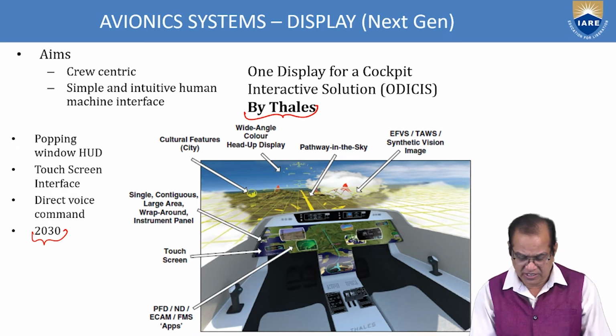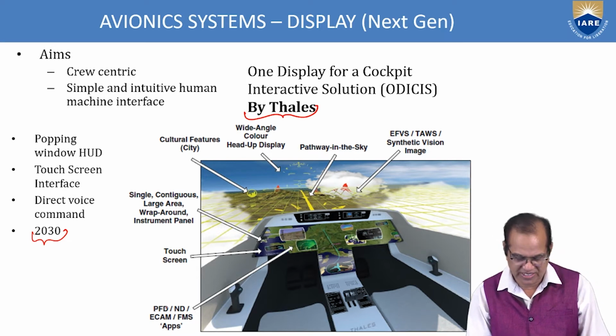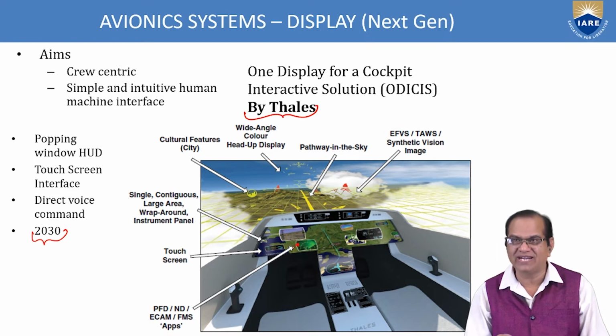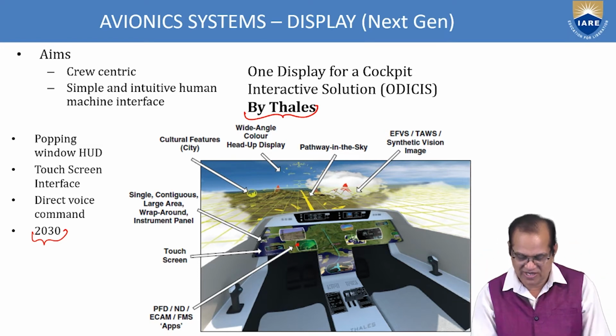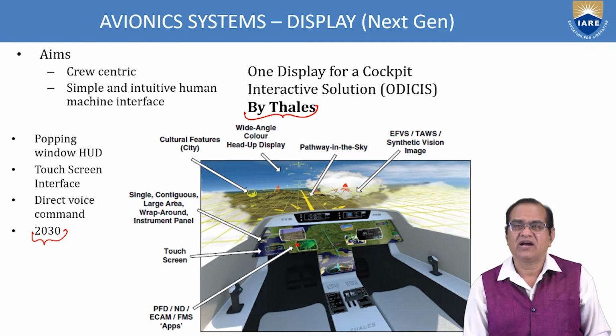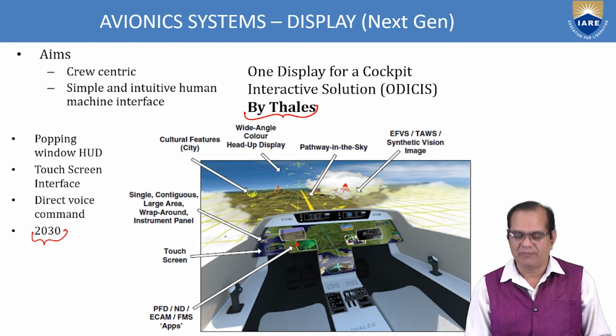So I will start from the bottom. Here we have the primary flight display, navigation display, ECAM, FMS. In one item you will get all that you will see. Touch screen is here. A single contiguous large area wrapped around the instrument panel.